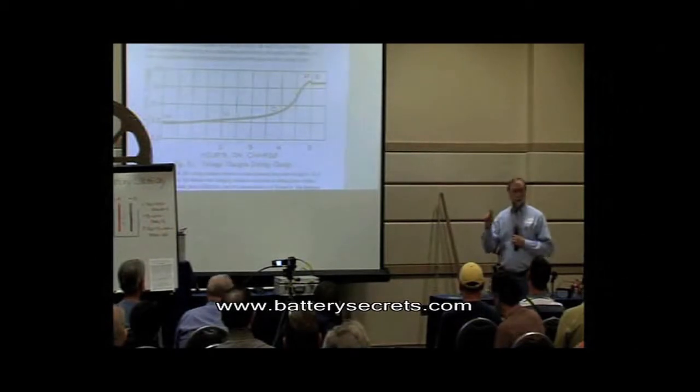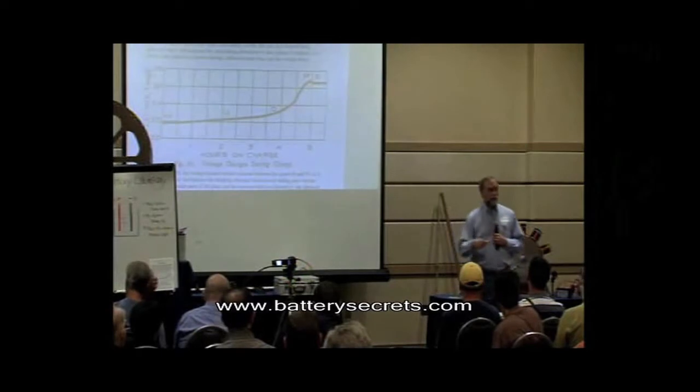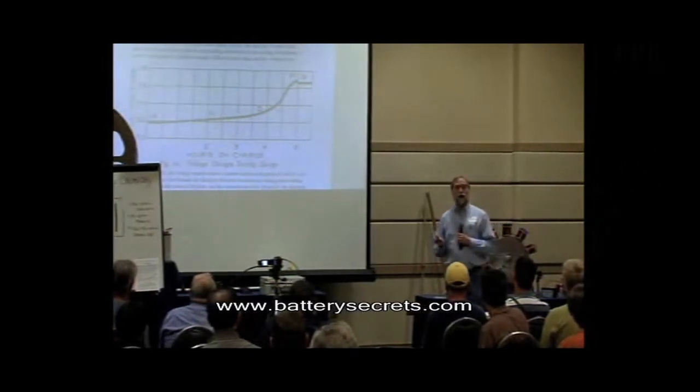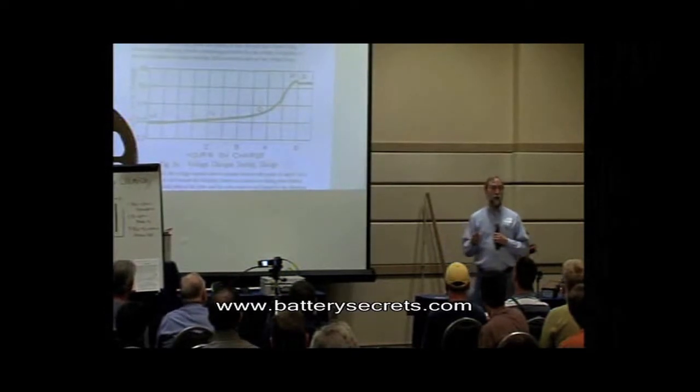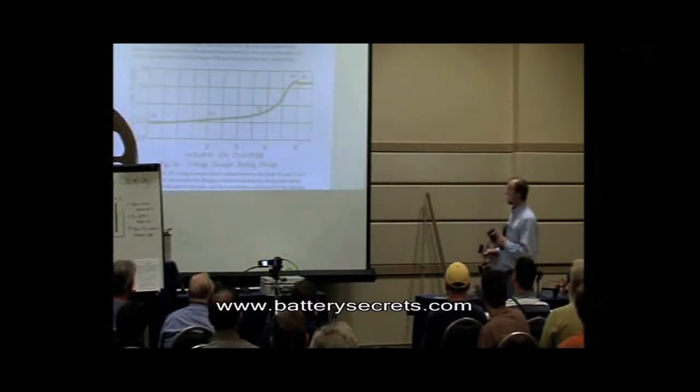That's why you see that little drop. As long as you're seeing these types of things in the middle of a charge process, this is a good sign that what's going on in the battery is going to make it a better battery. Okay?